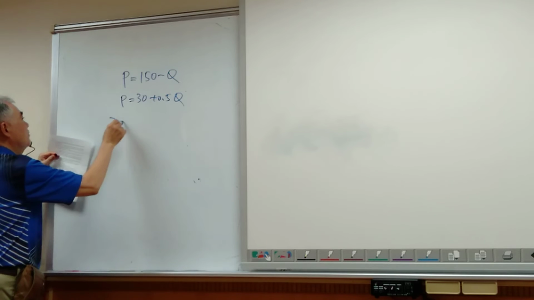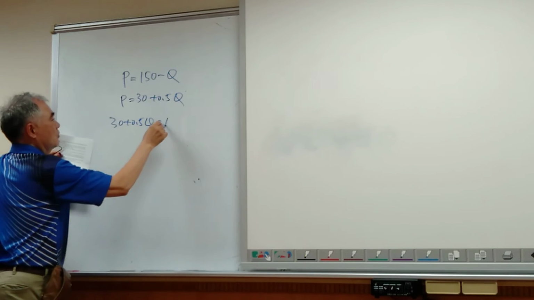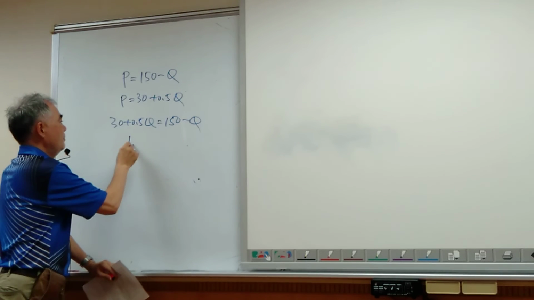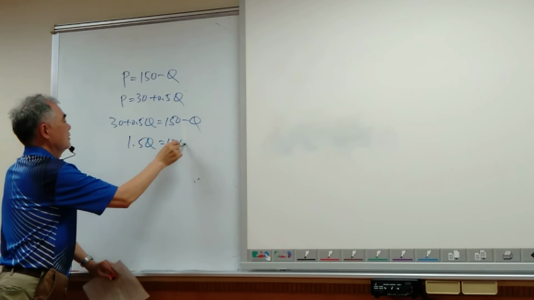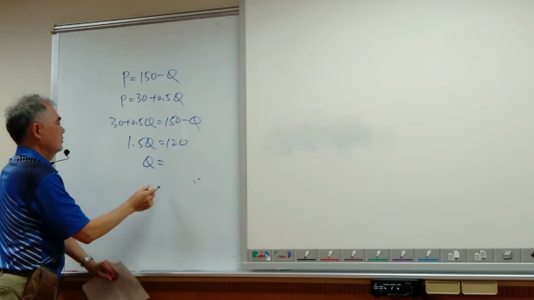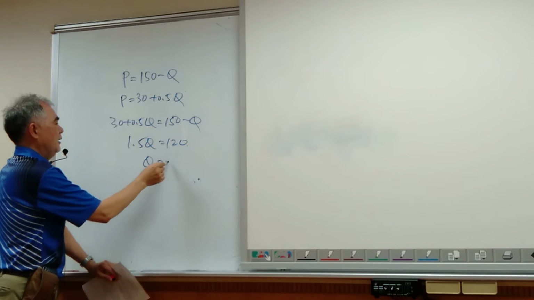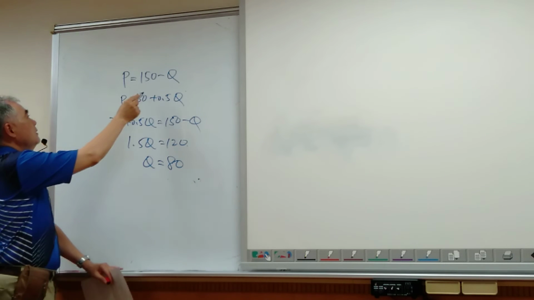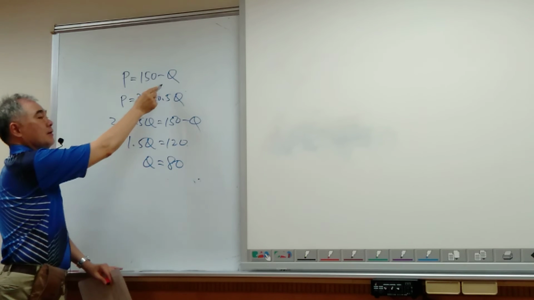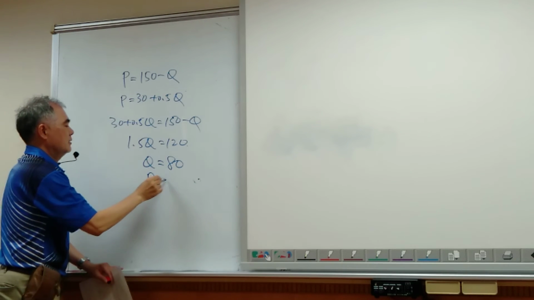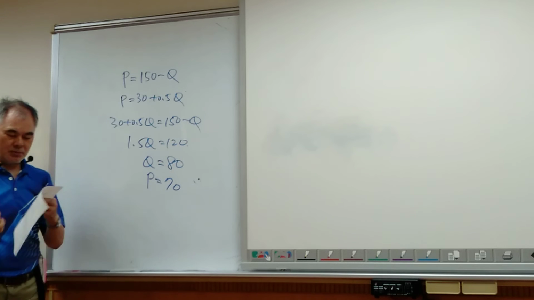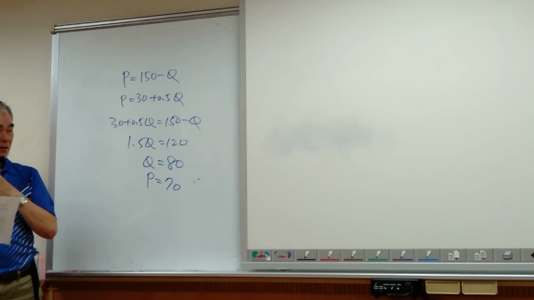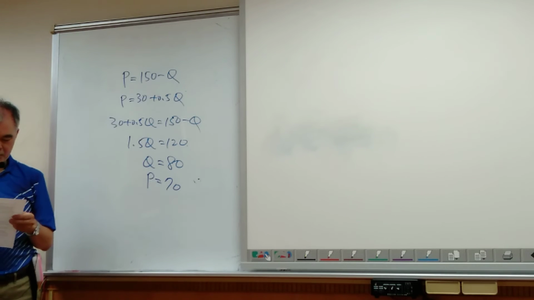So that means 30 plus 0.5Q is equal to 150 minus Q. So you have 1.5Q is equal to 120. So Q is equal to 80, right? And if Q is equal to 80, then P is equal to 70. So this question should be easy, and most of you got it. So then the answer is B, right?